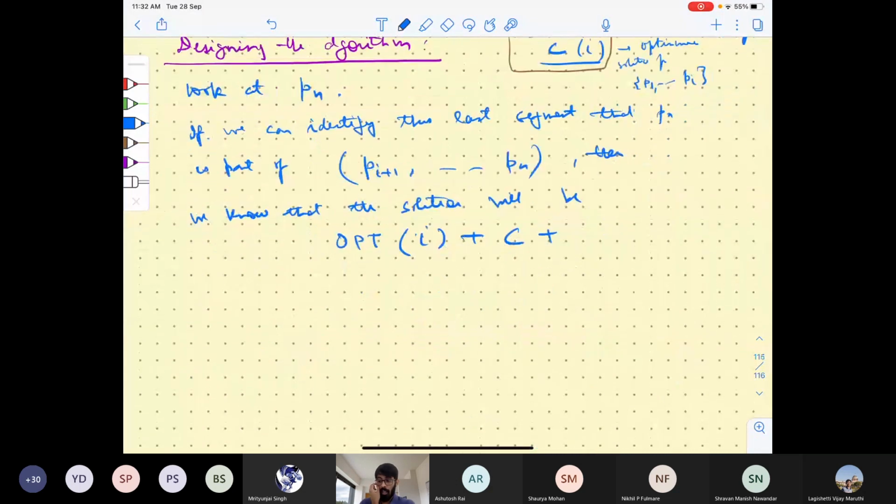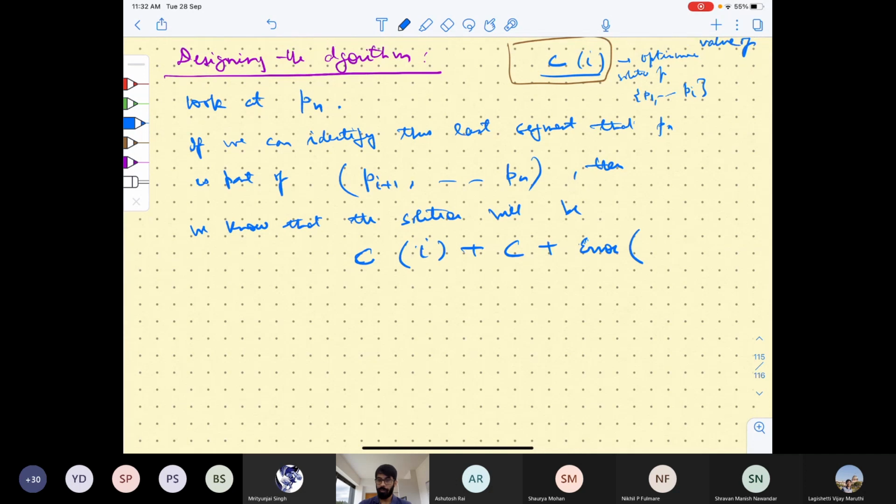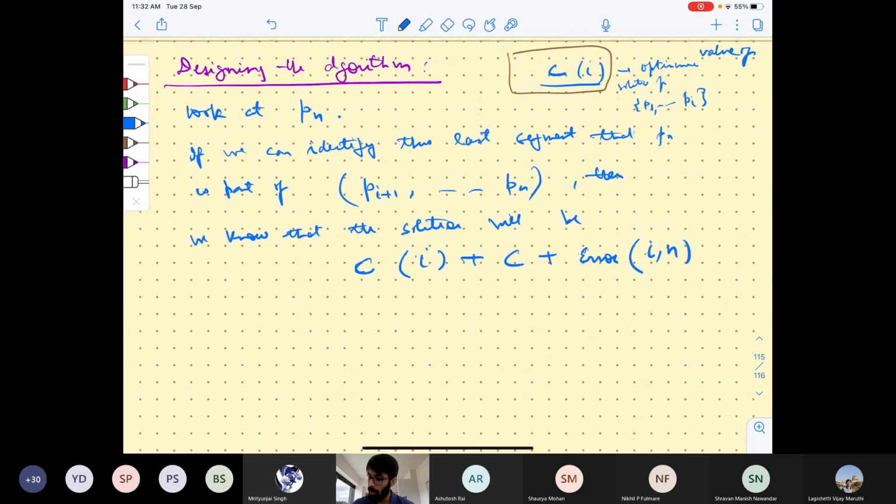So the cost of n is equal to the cost of i in that case plus C plus the error of i, n. Now we have two parameters, i comma n. Or let's write i minus 1 just to be consistent.